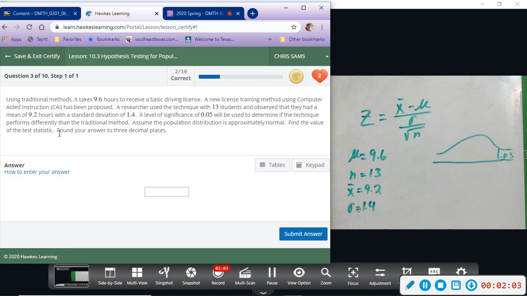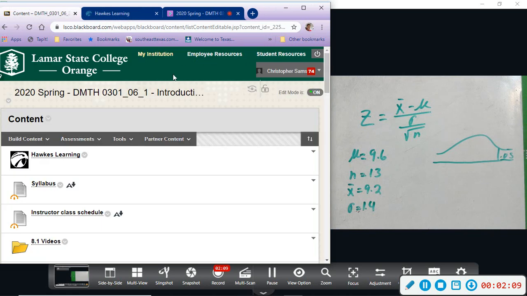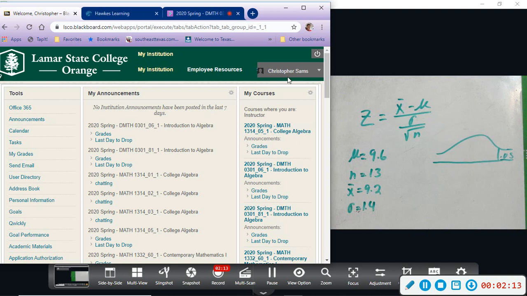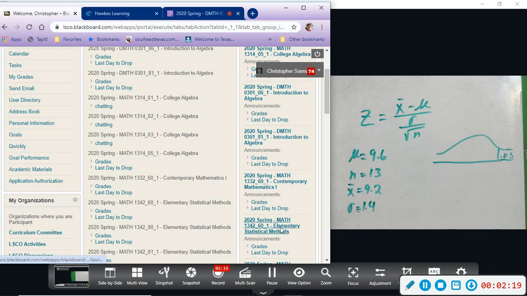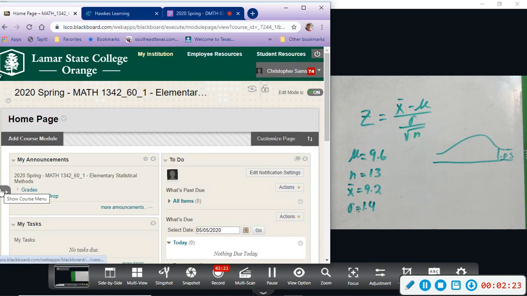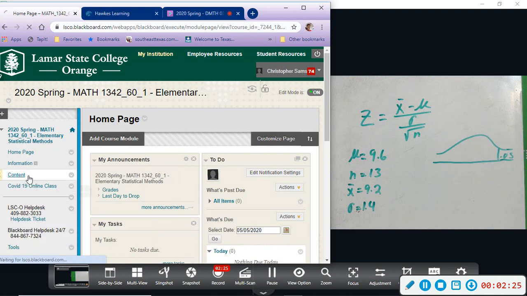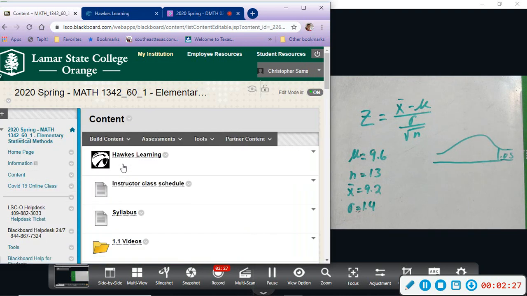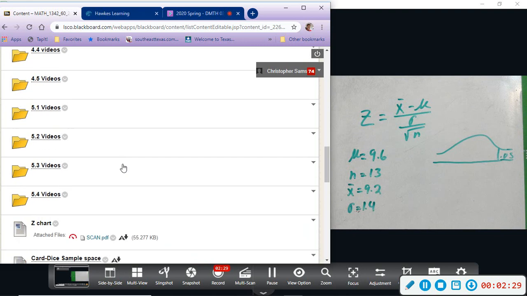So let me first go pull up the t-table. I could have done that beforehand, but let me pull it up over here. I need to go to my stats class and my content folder and scroll down.